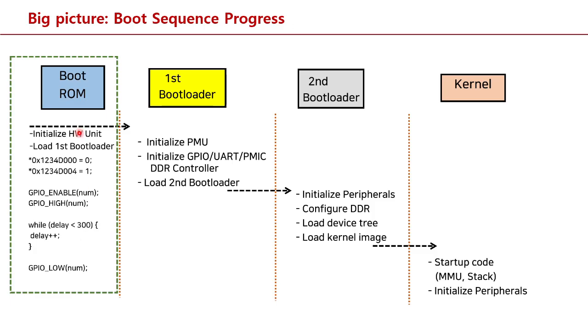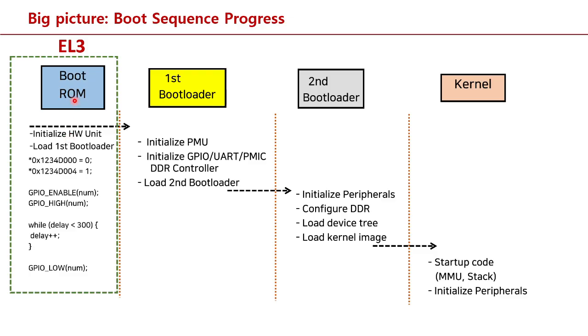Here is a typical example of the code inside boot ROM. When the boot ROM starts to execute, the exception level is exception level 3, because when the software accesses the hardware resources, it has full control over all of them, such as system registers or any kind of access to memory addresses.